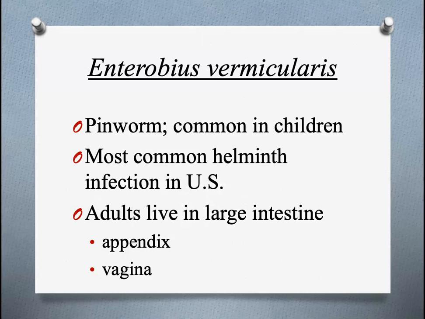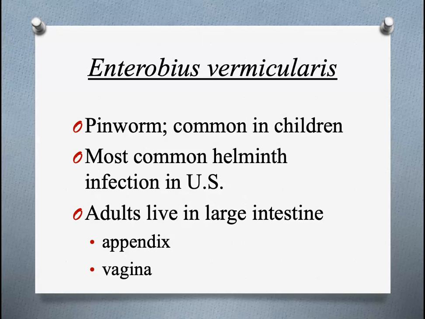Starting with Enterobius vermicularis, also known as the pinworm. This is worth talking about first because it is the most common helminth infection in the United States, with about 20 to 40 million people infected, which is about 10% of our population. Now, most people are asymptomatic, but that doesn't mean they aren't still harboring a parasite.